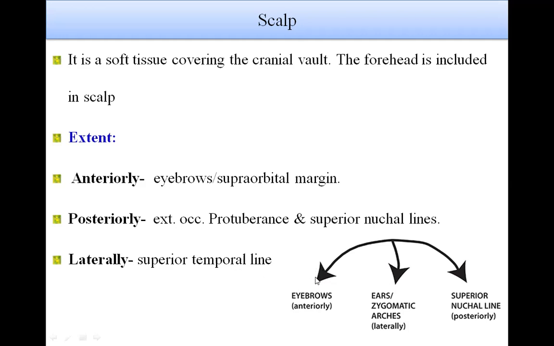So, in this schematic diagram, anteriorly the scalp extends up to the eyebrows or the supraorbital margins. Posteriorly, it extends up to the superior nuchal line and laterally up to the superior temporal lines.